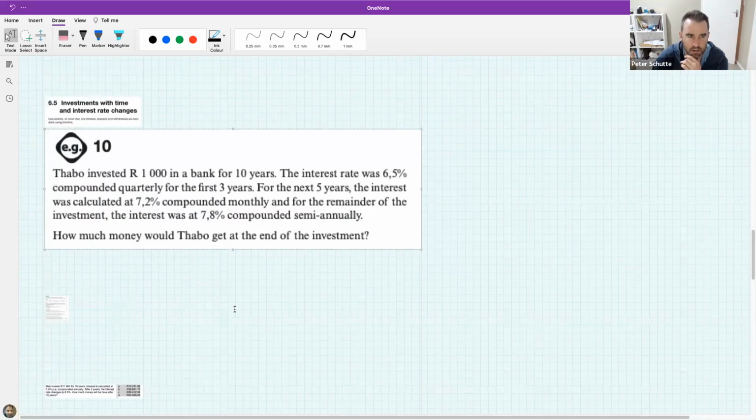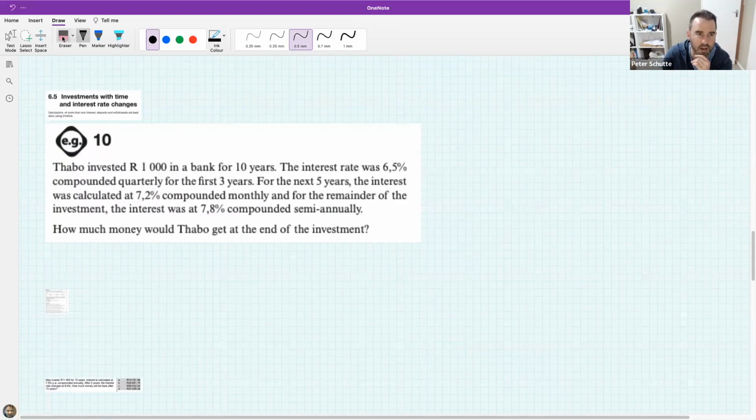So it says, Tabo invested 1,000 Rand in the bank for 10 years. The interest rate was 6.5% compounded quarterly for the first 3 years.